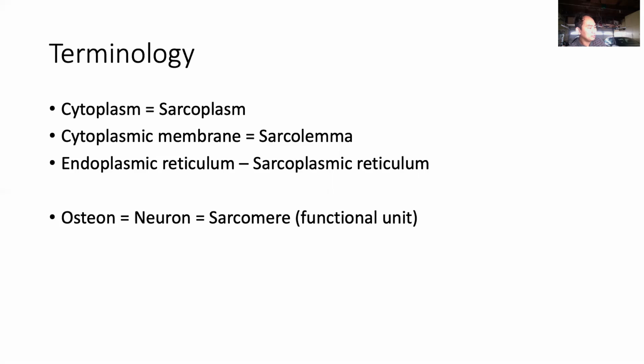The cytoplasmic membrane in muscle is called sarcolemma. Endoplasmic reticulum in cells, in muscle tissue, we name as sarcoplasmic reticulum. And the sarcomere is equivalent to the osteon or neuron, that is, the basic functional unit of a tissue.